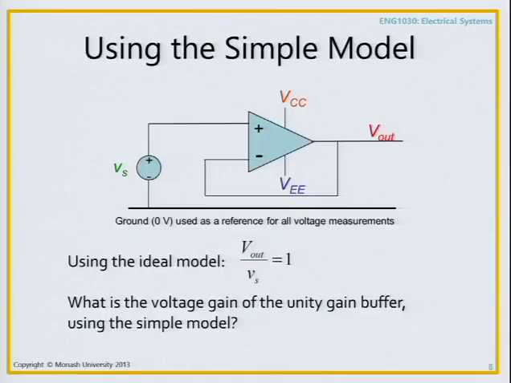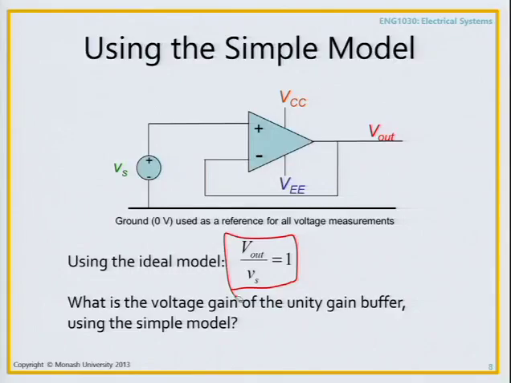And in this case, here was our most simple op-amp circuit, which was the unity gain buffer, right? So we took the output, connected it back to the negative input, and this put the op-amp into negative feedback. And with the ideal model, the overall gain was this, right? V out over Vs equals 1, and we can get that from Kirchhoff's current law and the negative feedback law.